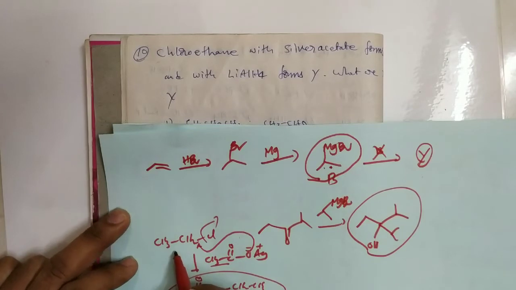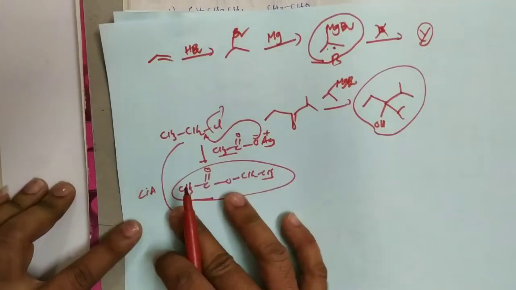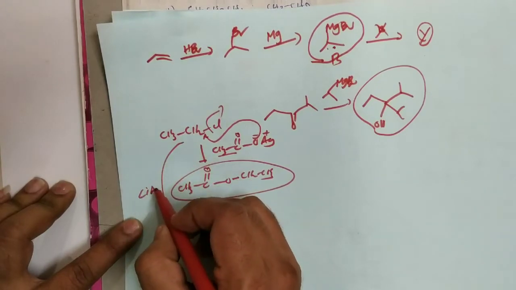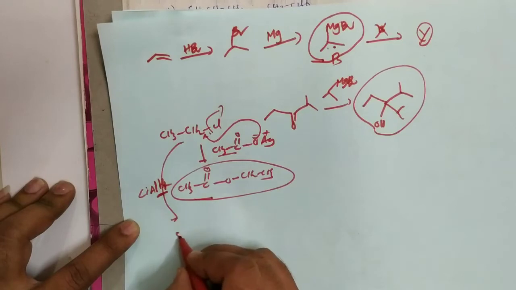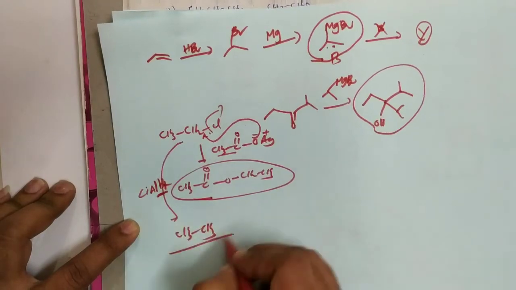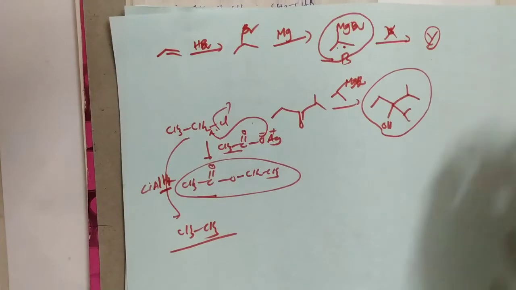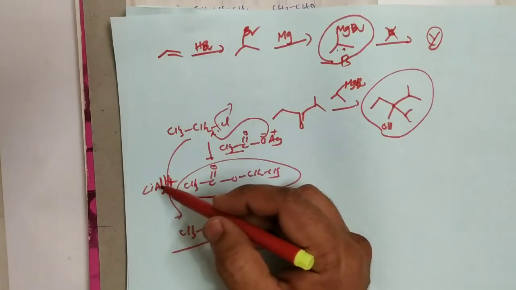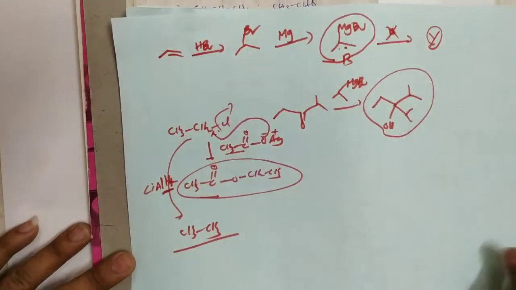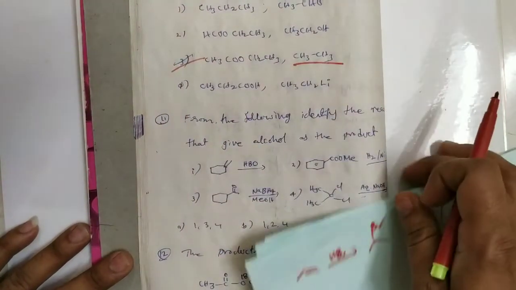And this ethyl chloride on treating with lithium aluminum hydride: Cl- is replaced by H-, giving CH3CH3, ethane as the product. This is nothing but a nucleophilic substitution reaction. The Cl- is replaced by the H- nucleophile, which is released from LiAlH4, that means Li+ and AlH4-. So the options are ester and alkane.